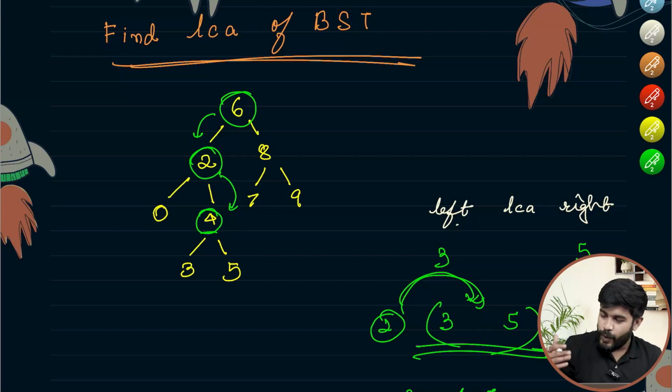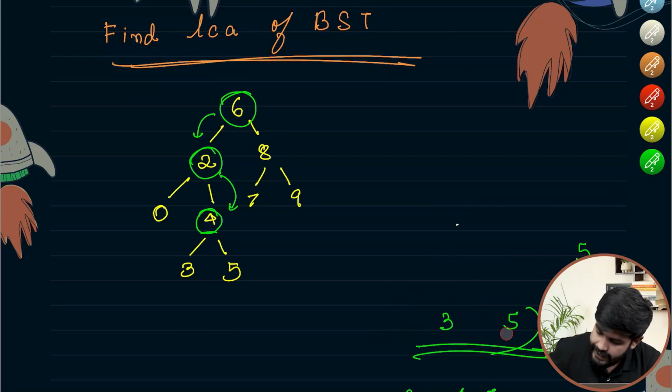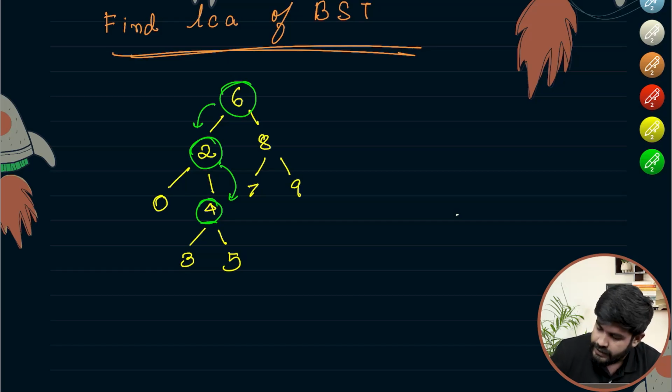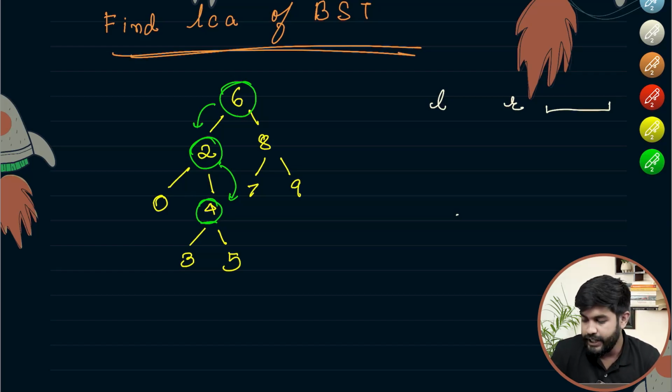Okay. So what is the code for finding out the lowest common ancestor? I would first have the minimum and max, because see, this is left, this is right. So if we have a value lying here, we would need to decrease the value.